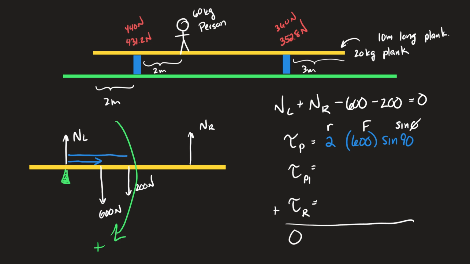This distance goes to the middle. The middle is probably 5 meters from the end, so that's 3 meters from this support. That all good? I'm thinking the middle of the board is 5 meters from here, so it's 3 meters from the support, times 200 times the sine of 90.